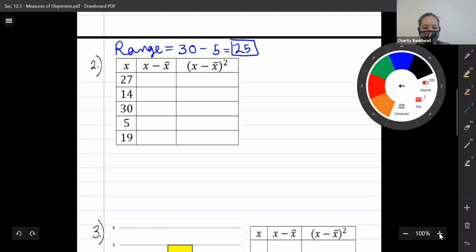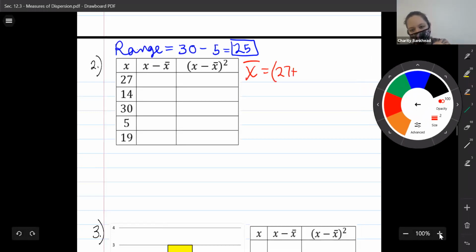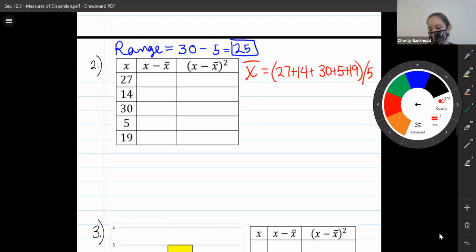And we also need to calculate the mean, x bar: 27 plus 14 plus 30 plus 5 plus 19, and then divide all that by 5. And that equals 19.